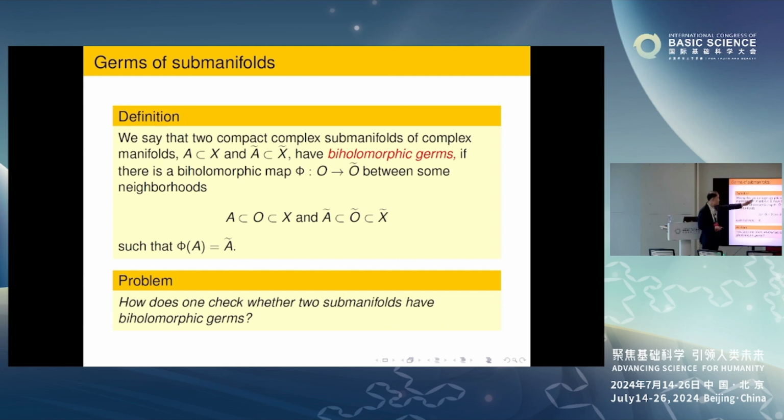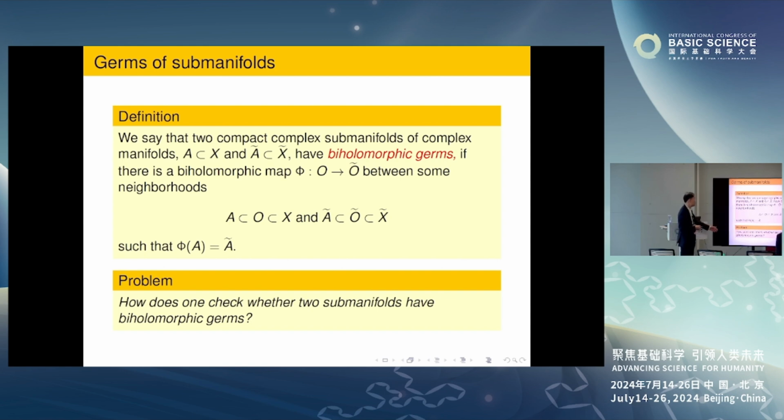You are given two submanifolds. This concept is natural from the complex geometric point of view. Whether they have biholomorphic germs is a natural question. But how to check this? That's the problem. In Grauert's paper, he mentioned questions like this are uncalculable, because there is no algorithm to check this. So it's a very difficult question.